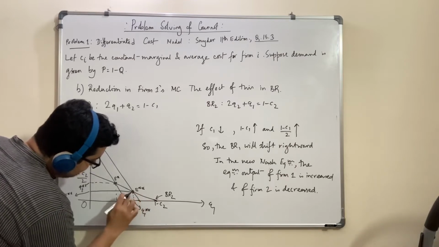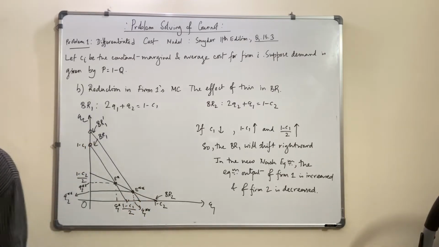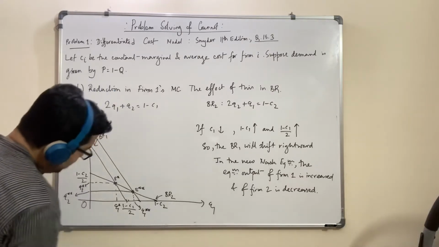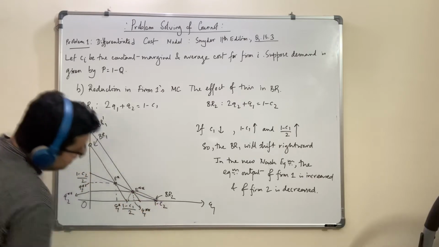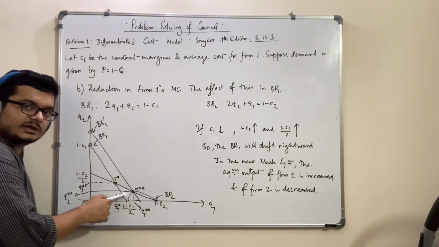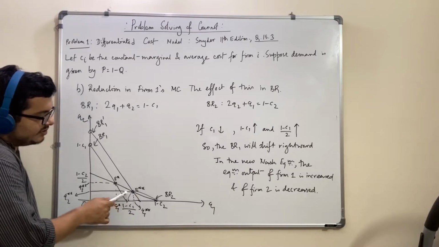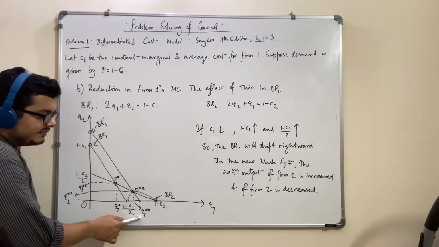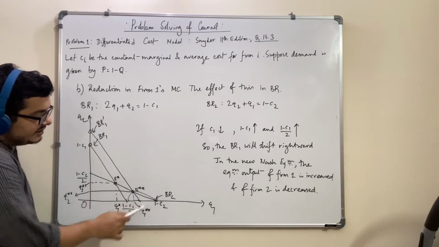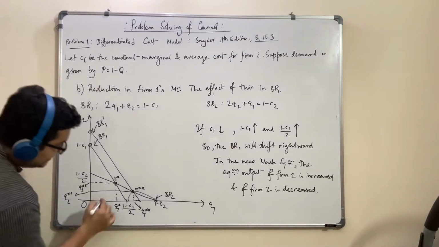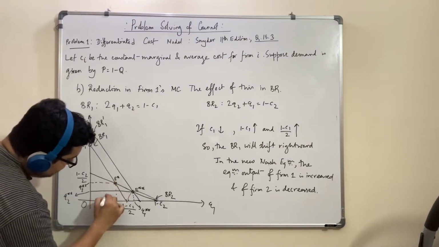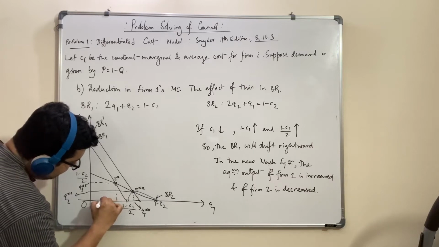So it will go like, okay, let's see, I will use a different color, so it will go like this. Remember that isoprofit curves are, for Q1, concave to the axis of firm 1, right? Remember what we studied in the first class. So the isoprofit curve will look like this. And for this one also, we have to draw one which will go like this.